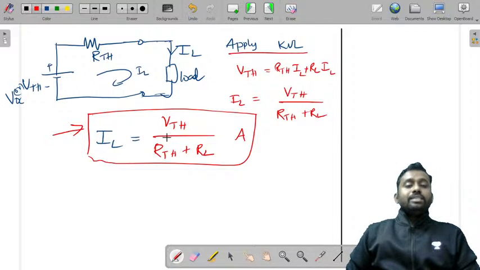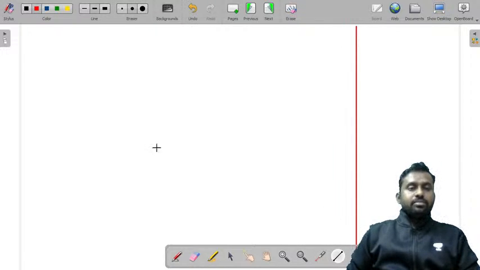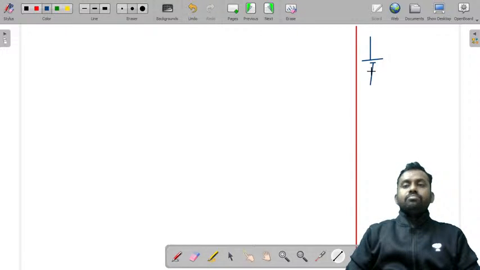So let us see what is the procedure to find voltage across resistor, VTH and RTH, by considering a circuit. Let us say you have a circuit like this. I'm taking this circuit here to the right.